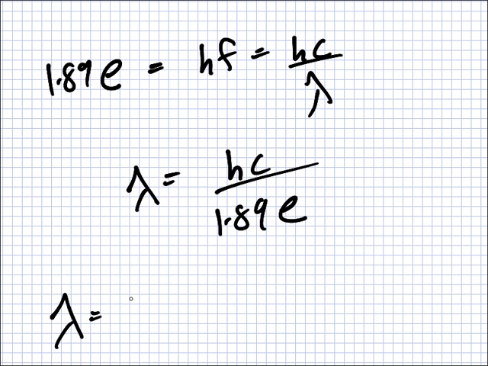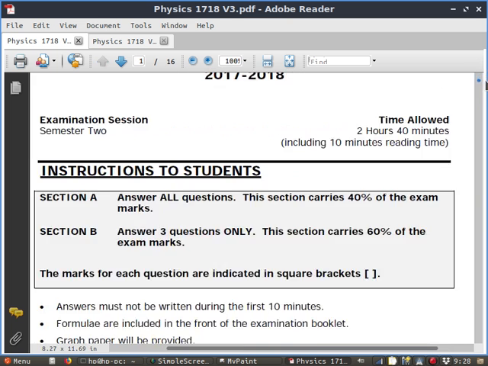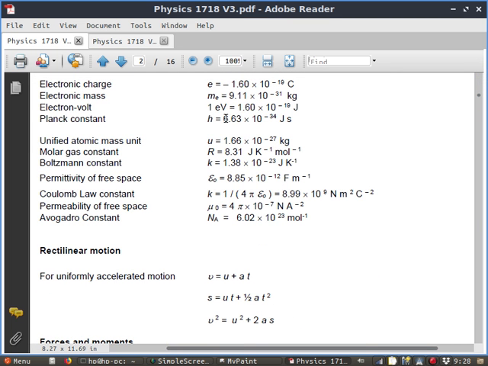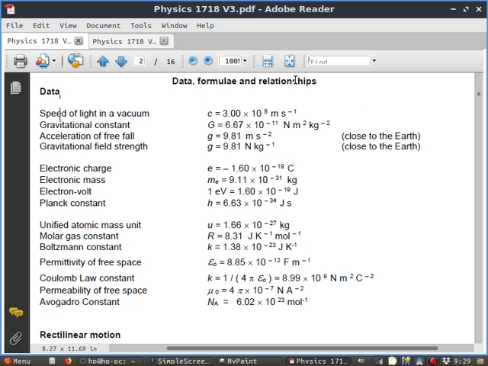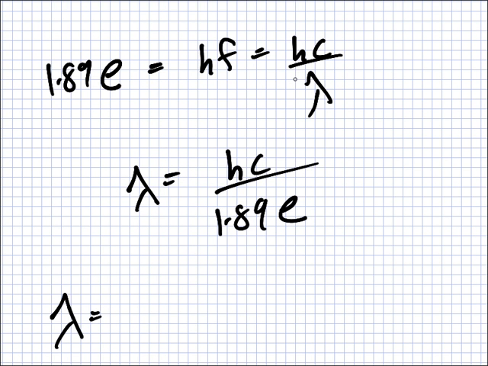6.62 for h. I can tell you right now, if you look in the exam, here it is at the start. There it is. Can you see? What is the energy? 1.89. So should we use eV or joules?